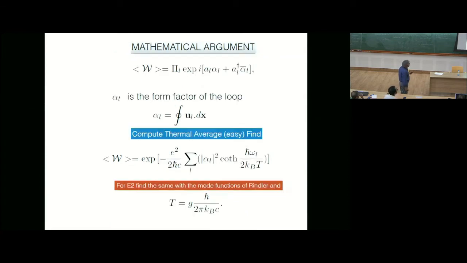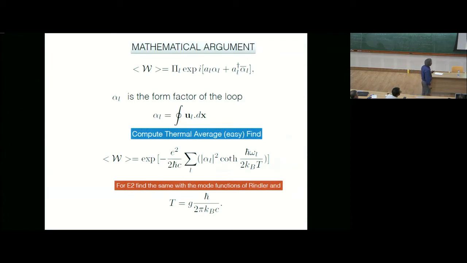So you find that W is actually a product over all modes of exponential of this combination, where this alpha is the form factor of the loop. It is just the modes of the electromagnetic field integrated over the loop. The shape of the loop can be arbitrary, but whatever the shape is, you can work out the form factor. And it's some complex number because these are all complex functions.